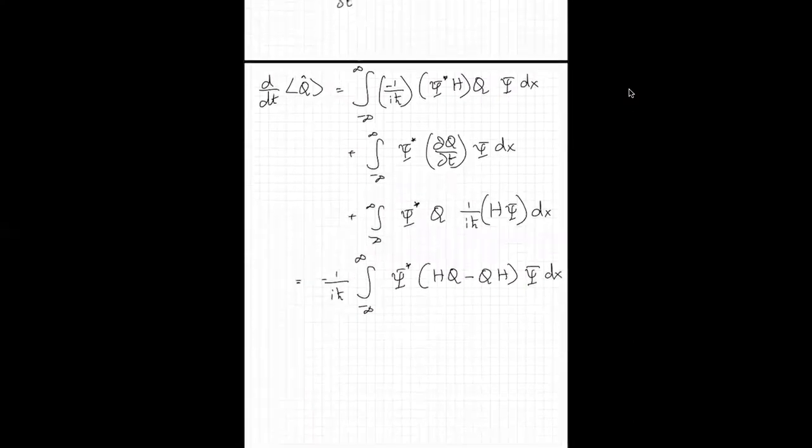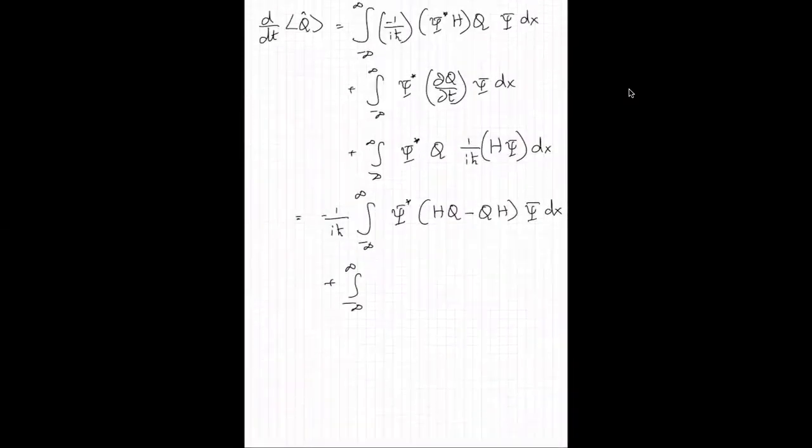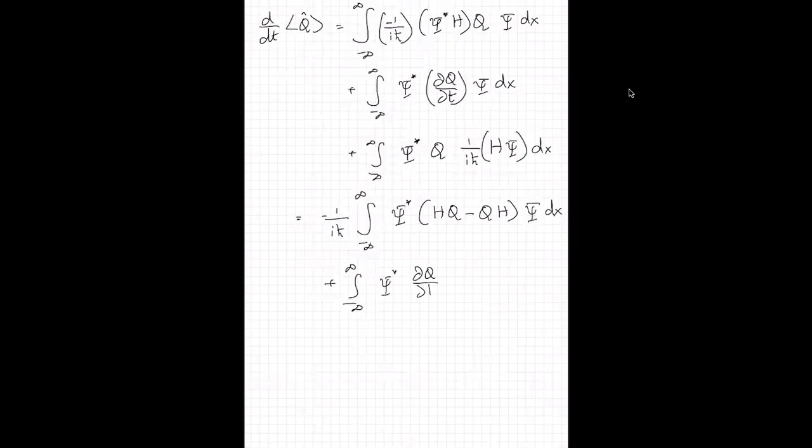And the middle term is nothing but the integral from minus infinity to infinity of psi star dq/dt psi dx.